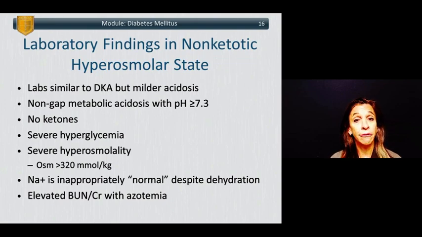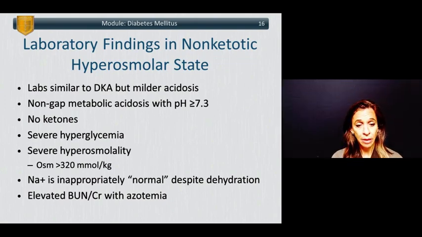They usually have severe hyperglycemia and severe hyperosmolality. Osmolality can be greater than 320 milliosmoles per kilogram. The sodium is inappropriately normal despite dehydration, and there often is an elevated BUN or creatinine due to the significant dehydrated state.